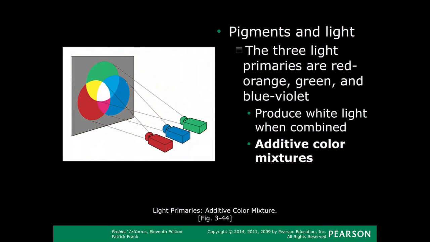It's an additive color mixture because it actually deals with light. So you'll only see this color wheel on things like lighting of some sort. You'll see it on computers because it is digital. You're looking at the light underneath creating color.